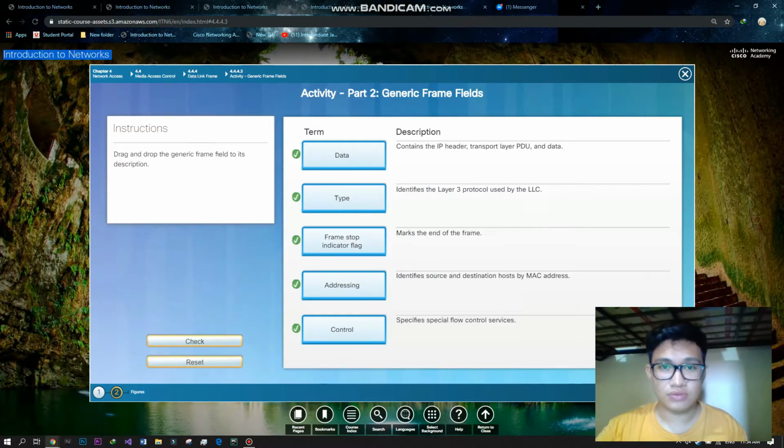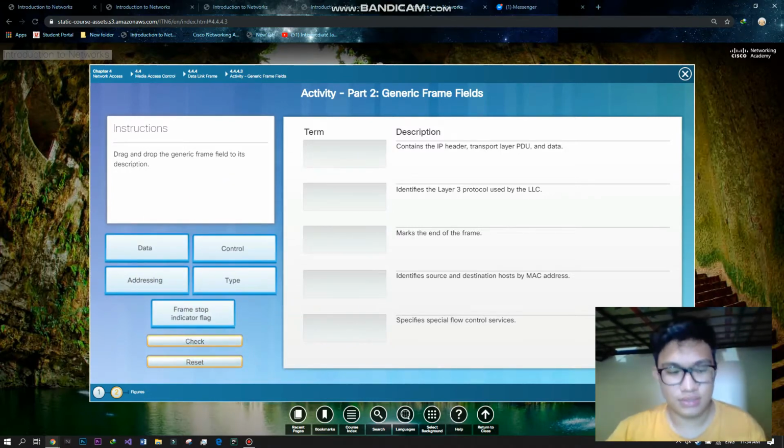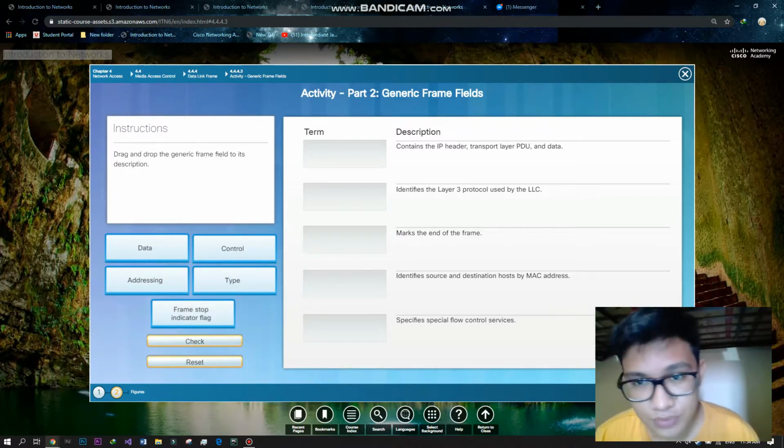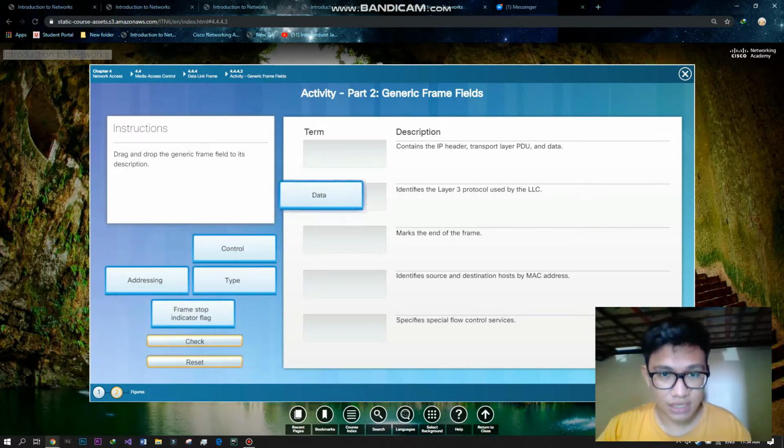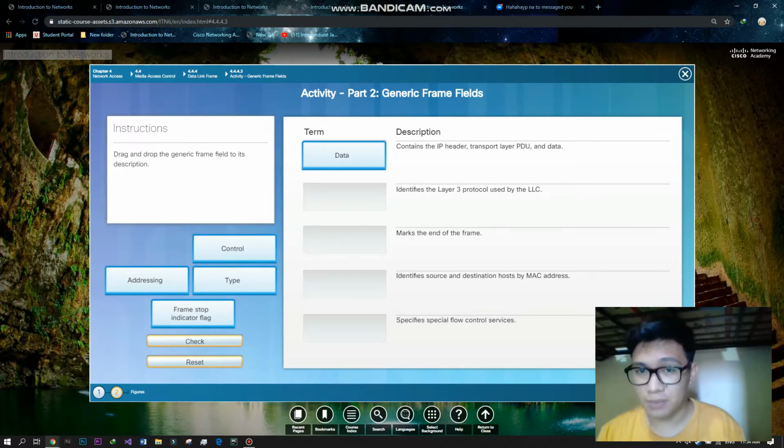And let's move on to figure 2, and let's reset that. Figure 2 contains the IP header, transport layer PDU, and data. Of course, that is the data itself, because without the IP header, you will not know where the data will come from.